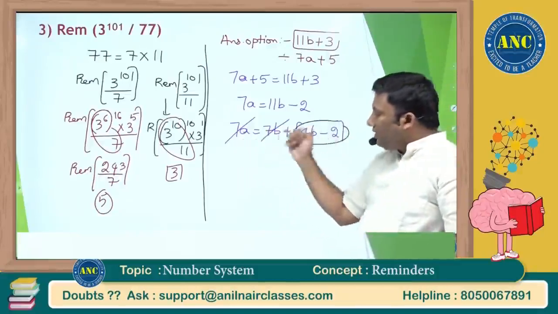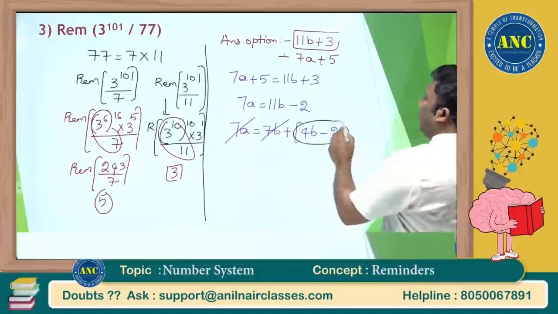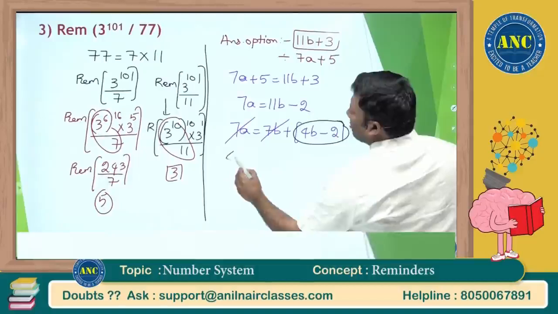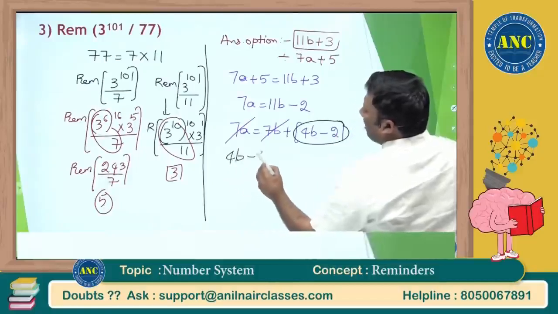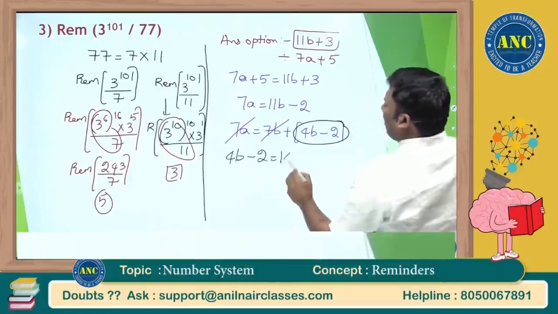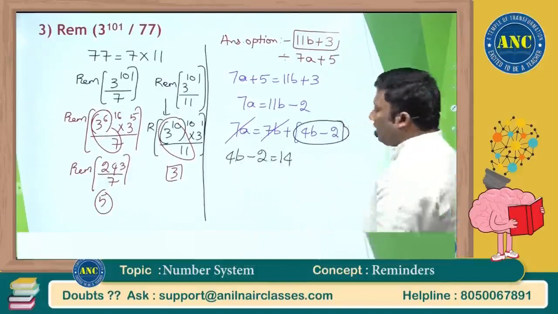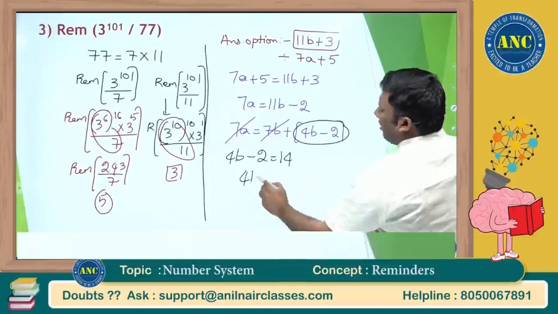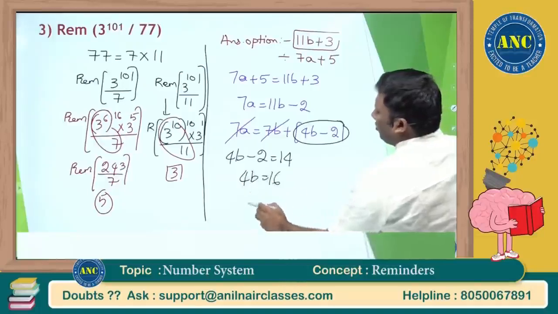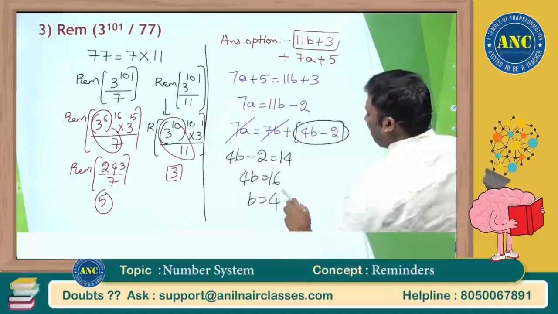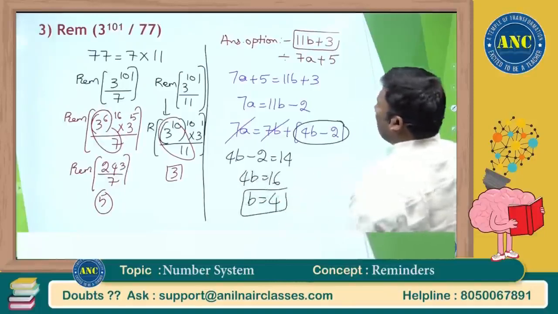7a is divisible by 7, 7b is divisible by 7, so 4b minus 2 should be divisible by 7. 4b is an even number, 2 is an even number, so equate it not with 7, since 7 is not possible, but with the next multiple. So 4b equals 16, b is nothing but 4.